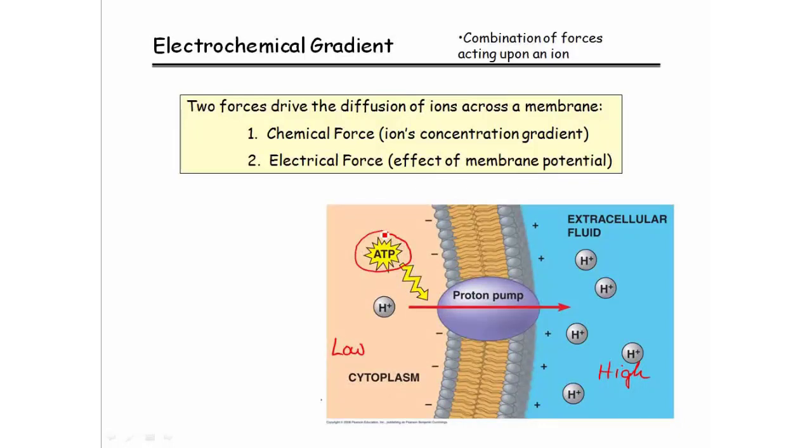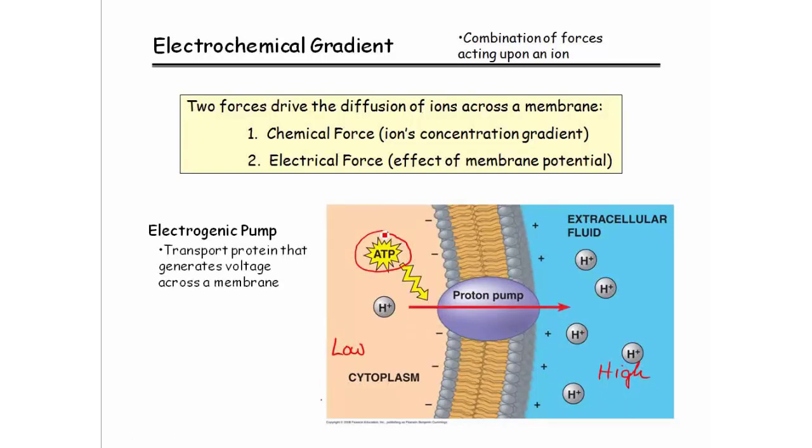We'll end up now with 0 and 6. So we will have an even greater difference in concentration on the two sides of the membrane than we had before. And in addition to that, we're going to make the charge difference on the two sides of the membrane even greater because we're removing a positive charge from the inside and we're adding a positive charge to the outside of the cell.